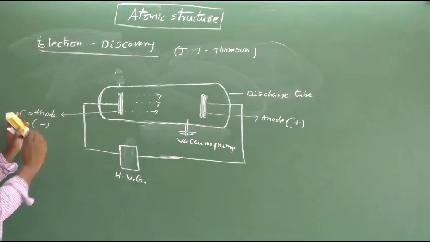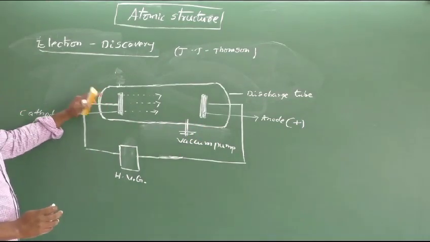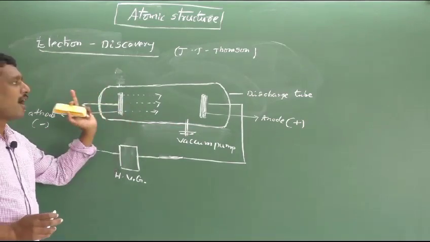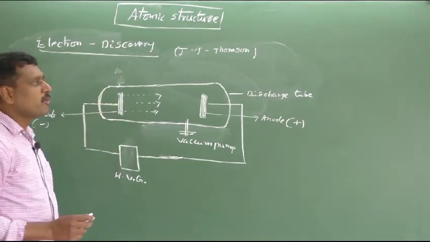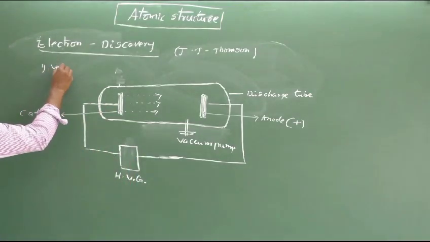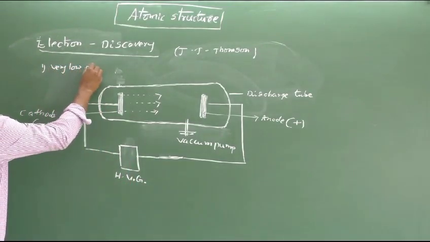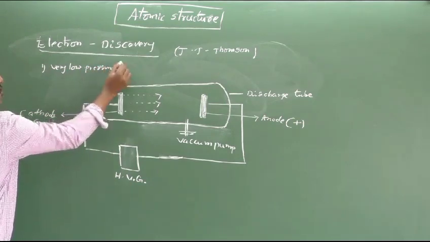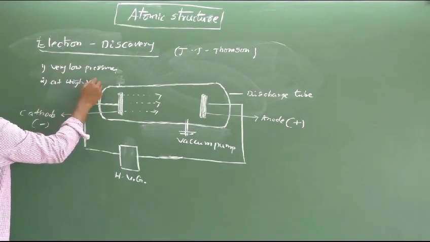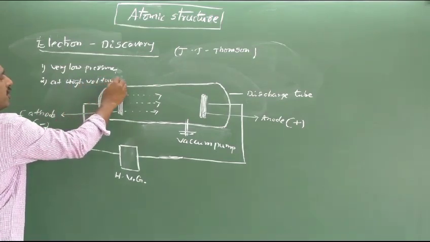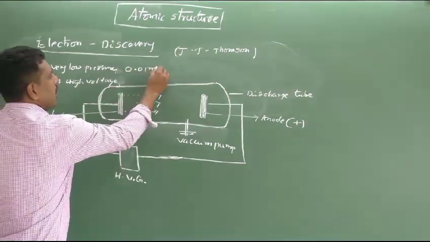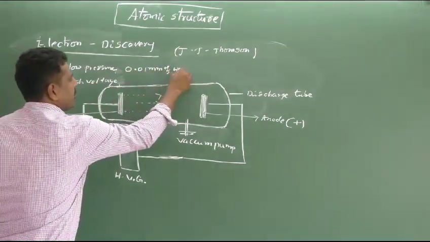Here, at low temperature, at very low pressure and high voltage. Very low pressure means 0.01 mm of mercury.